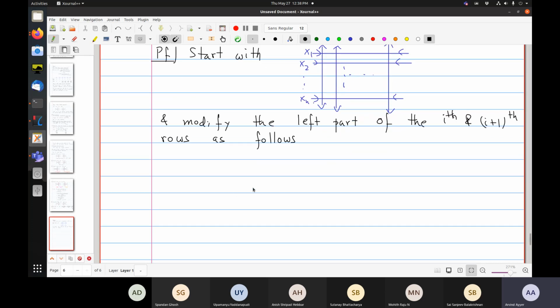So imagine this is the I minus 1th row. This is the first column. This is the I plus first row, and these two are the ith and I minus 1th rows. So what we're going to do is this came here. So this is xi minus 1, xi plus 1, xi plus 2.